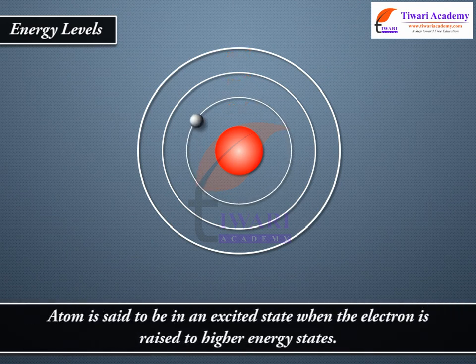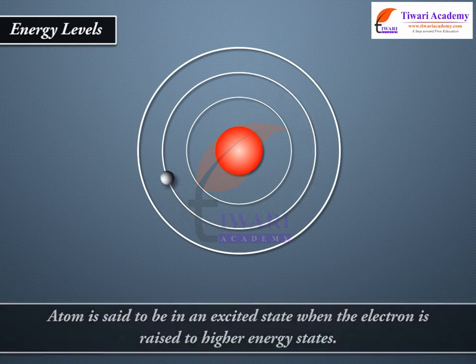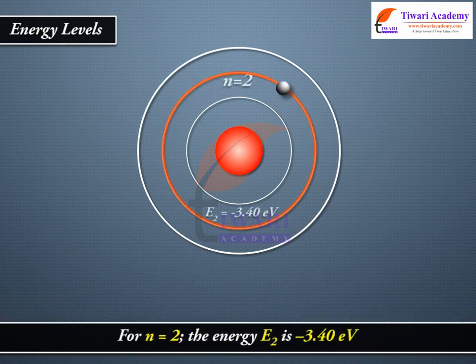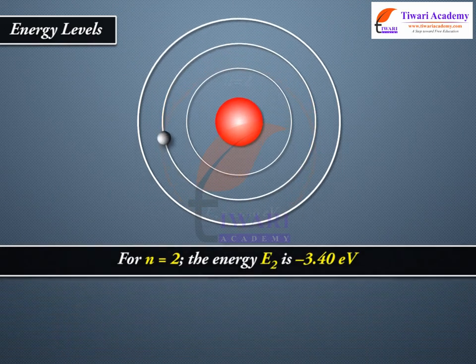An atom is said to be in an excited state when the electron is raised to higher energy states. For n is equal to 2, the energy E2 is minus 3.40 eV.